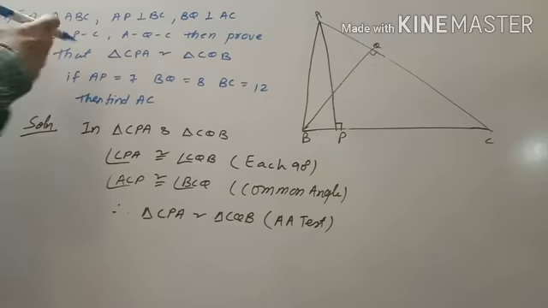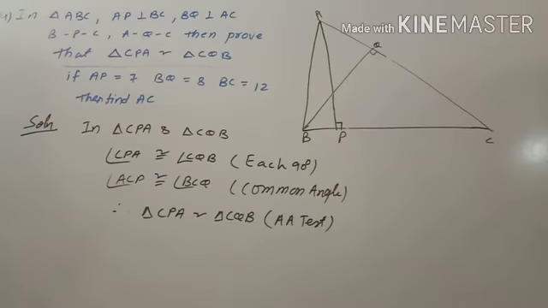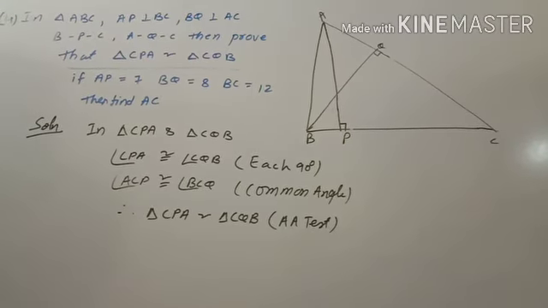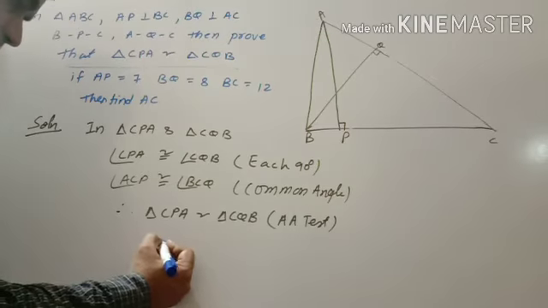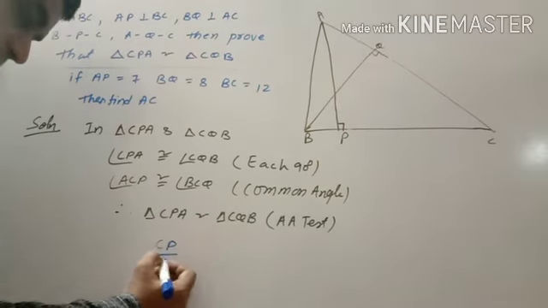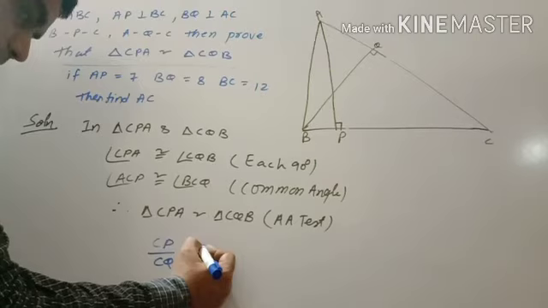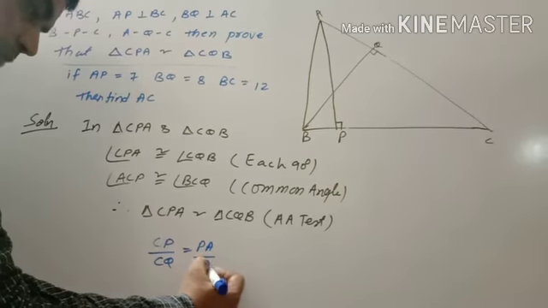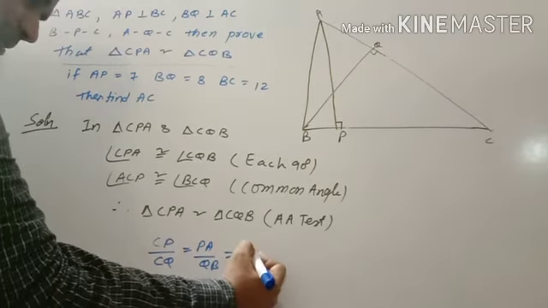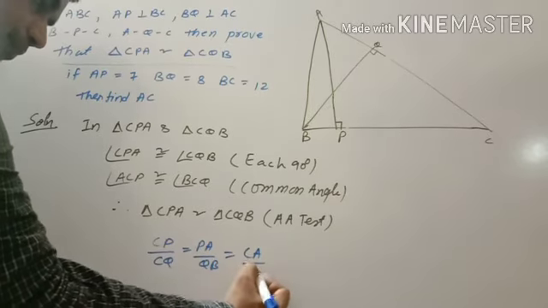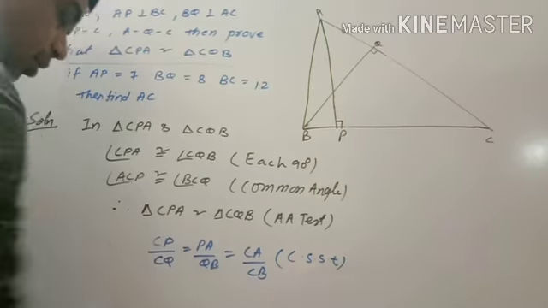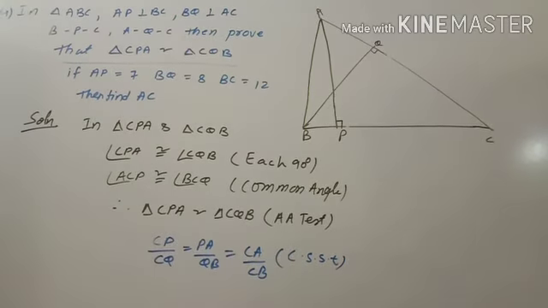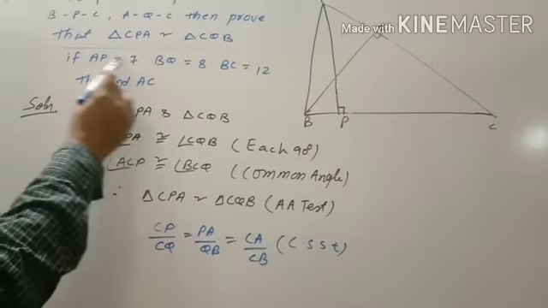Okay. First, we have proved that triangle CPA is similar to triangle CQB. Now, when two triangles are similar, their corresponding sides are in proportion. And this CP upon CQ, corresponding sides, PA upon QB corresponding sides, and CA upon CB corresponding sides of similar triangles. Now, is the value of CP given?